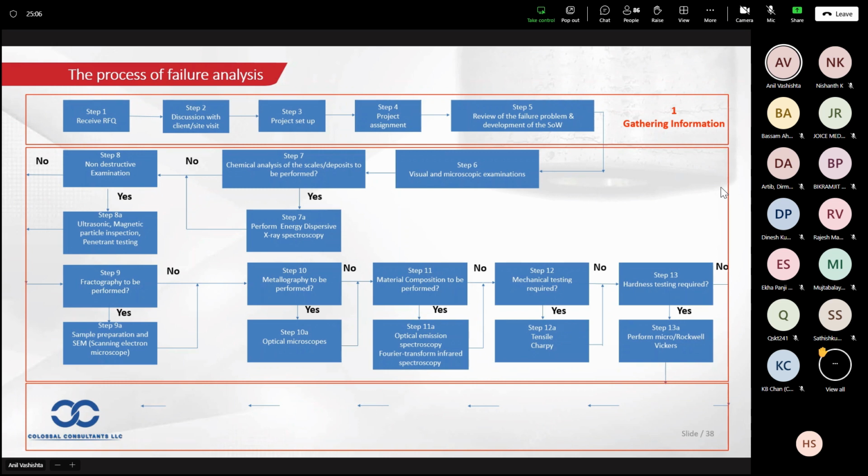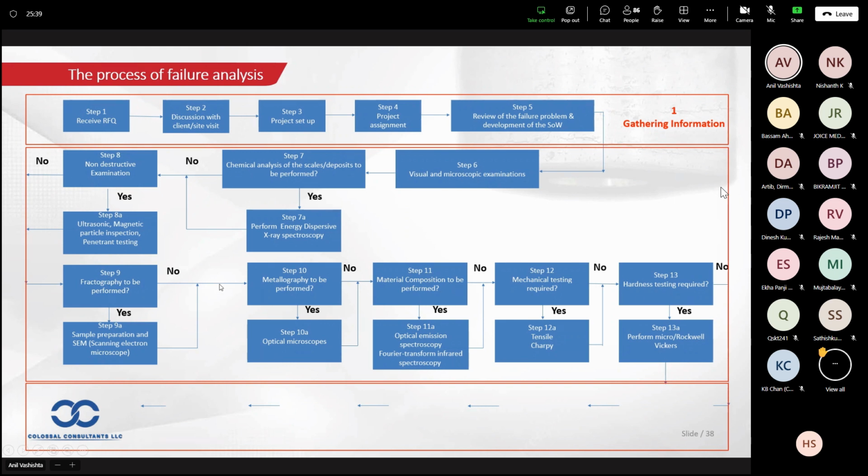One important point to be noted is that, although I mentioned these steps in this sequence, the sequence may not be exactly the same. It depends from failure to failure. In this particular case, I've just mentioned these particular tests, but there may be some other tests which are required as per the failure analysis requirements. So they fit into this flow chart, and the sequence can be altered.